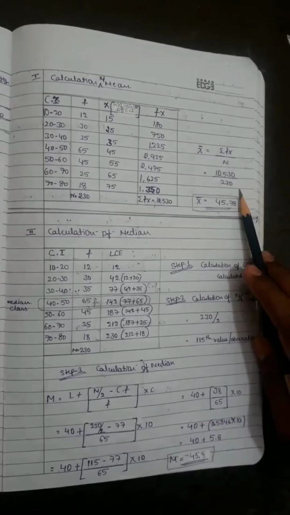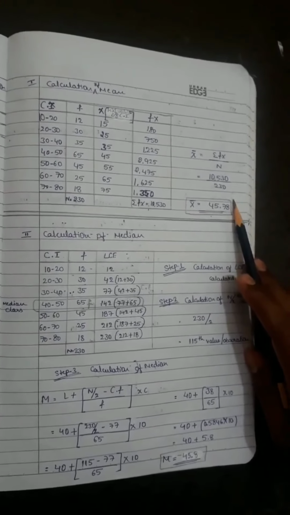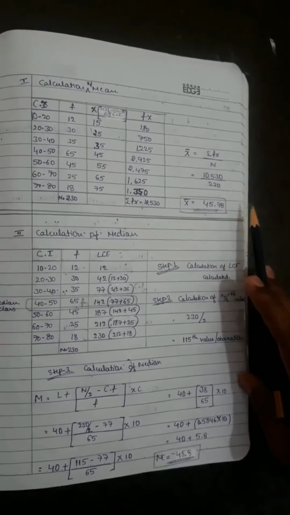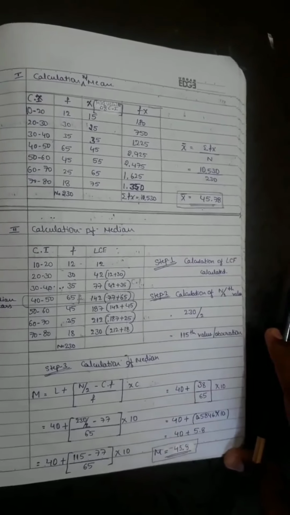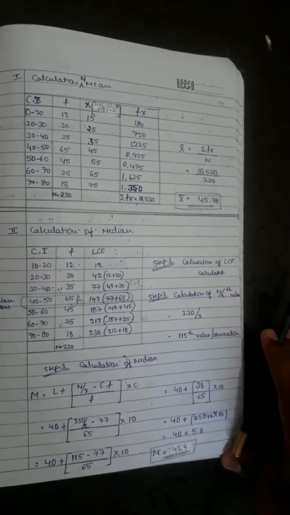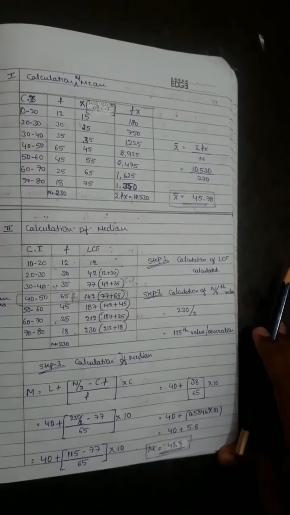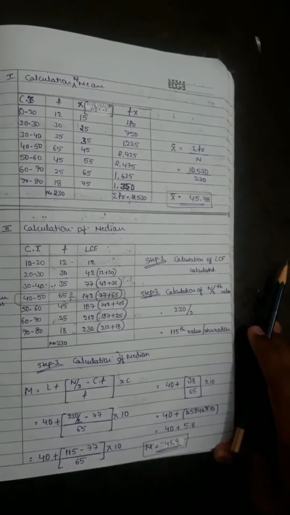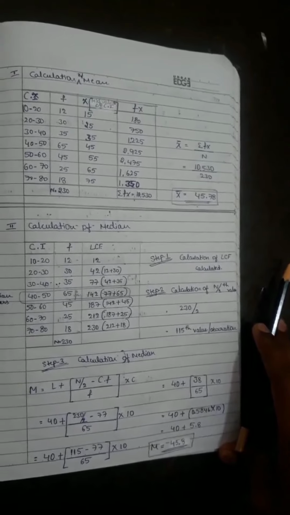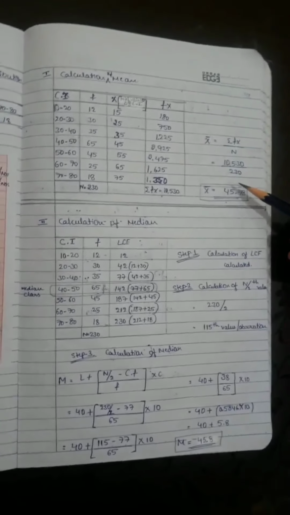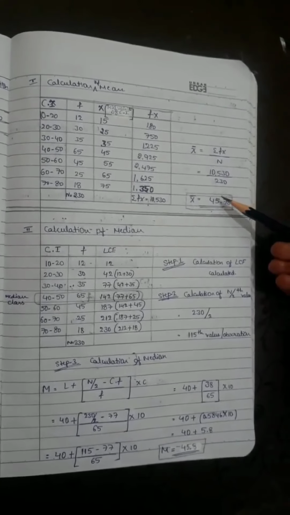Usually when they give a question asking you to draw a histogram, they will ask you to calculate only one of mean, median or mode. Usually they won't give three calculations. So here I have calculated all three for your understanding.